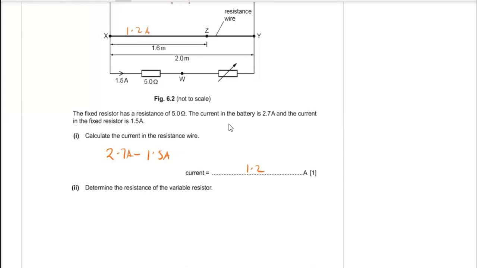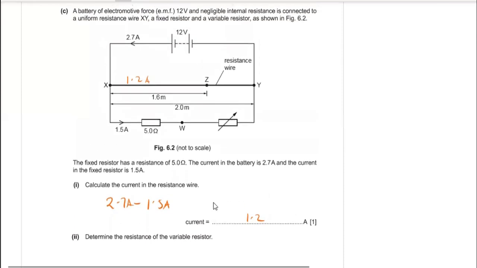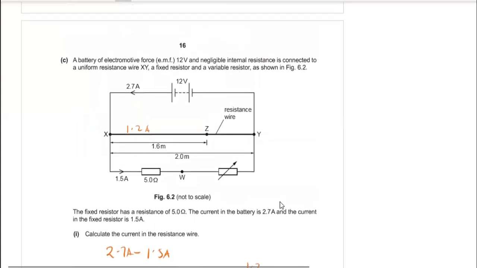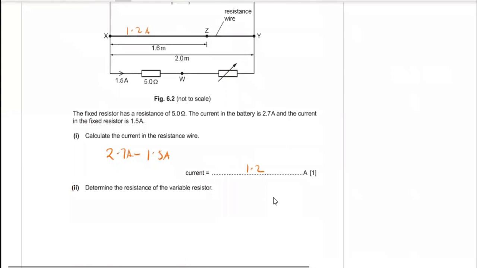Determine the resistance of the variable resistor. Remember, the variable resistor and the 5.0 ohm resistor are in series, but both of them are in parallel to XY and parallel to the battery. That means the potential difference across the 5 ohm resistor and the variable resistor together is 12 volts.